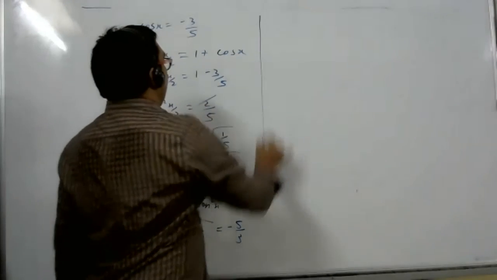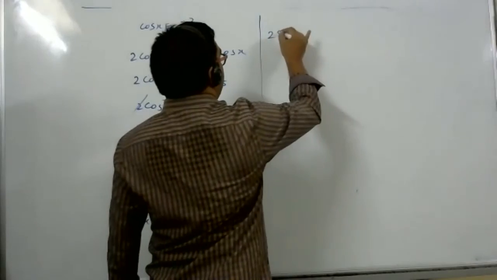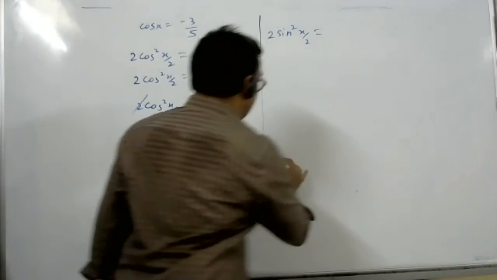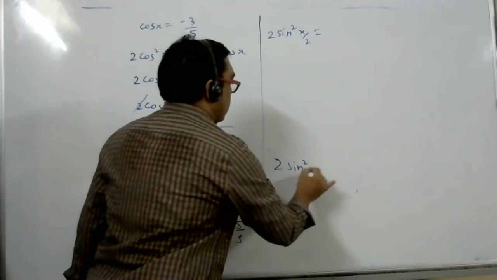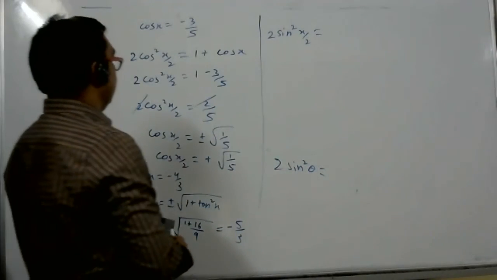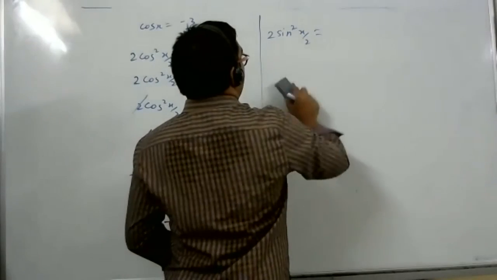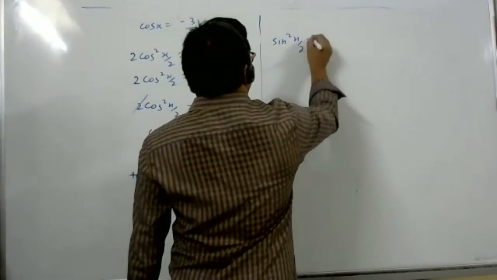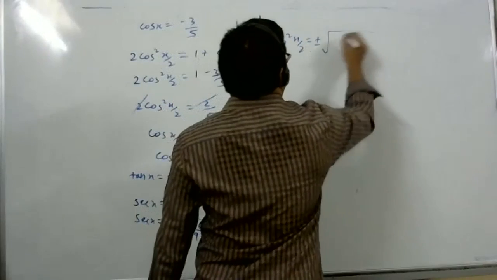Now again, a very important formula. What is that? 2 sine square x by 2 is equal to... Now we know one important formula. Can we directly use sine square plus cos square is equal to 1? That way also it will work. So what happened then? Sine x by 2 is equal to plus minus square root of 1 minus cos square x by 2.